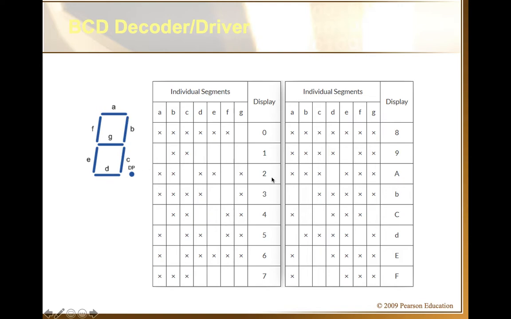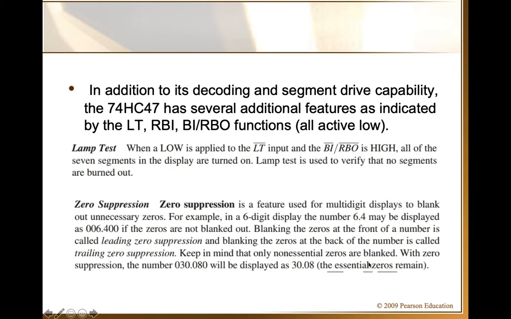For 2, basically A, B, G, E, and D will light up. You can figure this out yourself; you don't have to memorize it, obviously. For F, for example, which ones will it be? A, F, E, and G. So you can see here A, E, F, G.